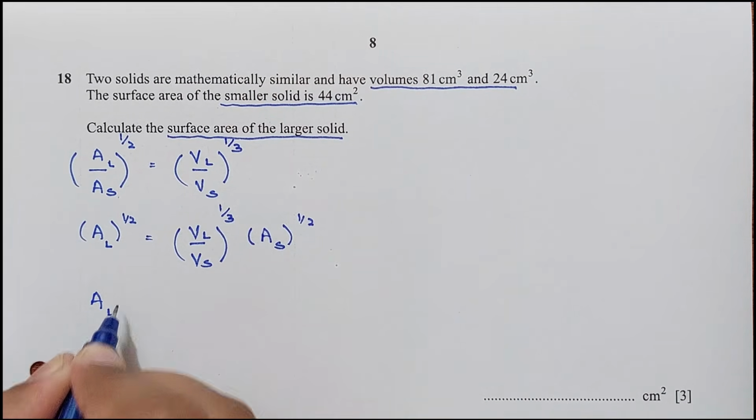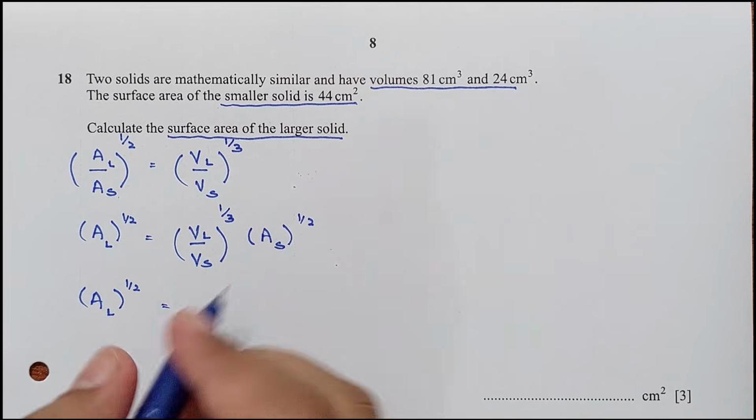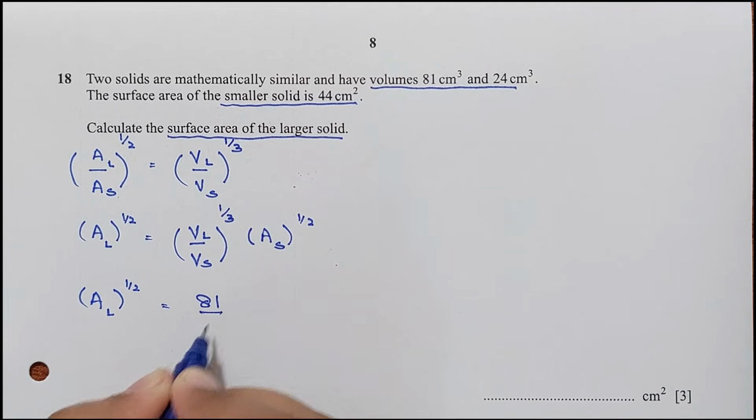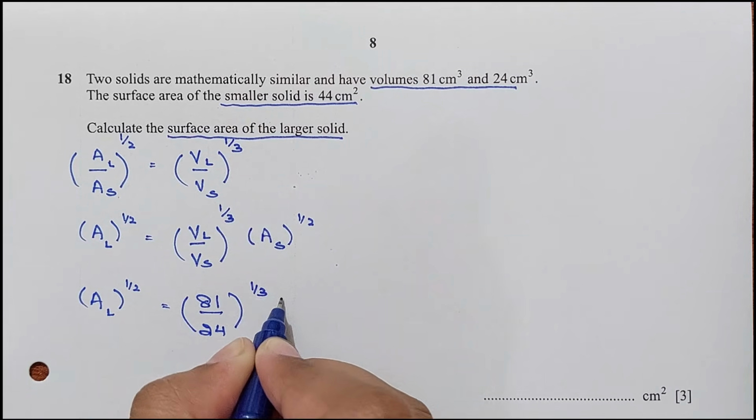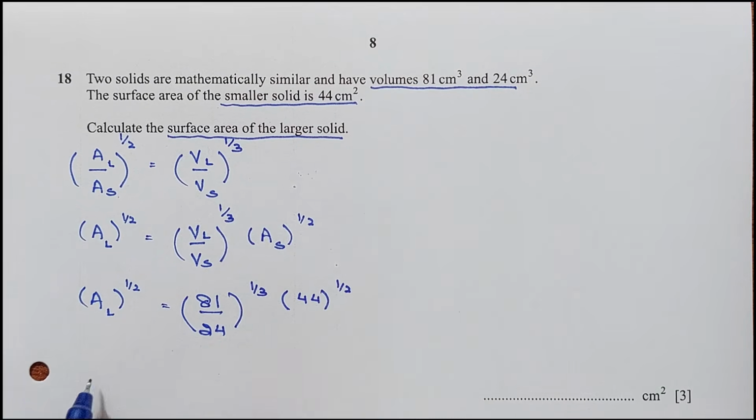So area of larger, its power is 1 by 2. This is equal to volume of larger, which is 81, smaller is 24, its cube root, and area of smaller is 44 and its square root. Let me solve for area of larger.